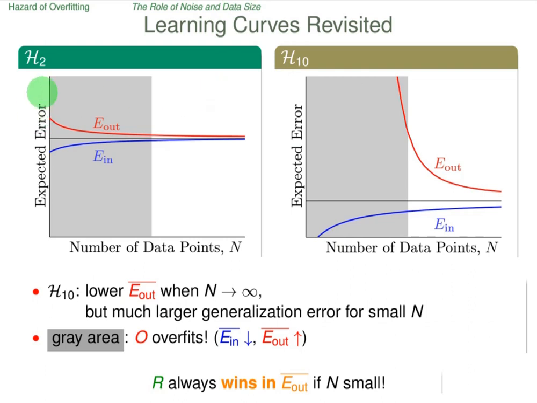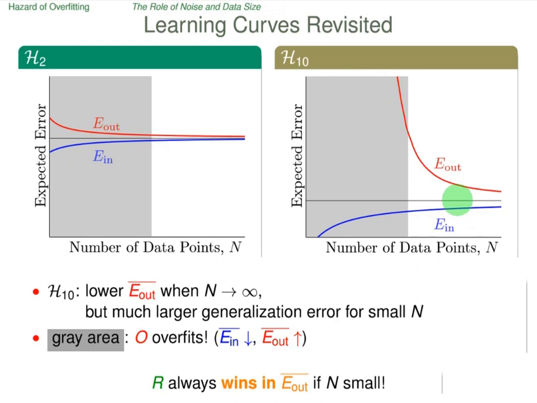So comparing second order to tenth order polynomial, we can see that the overfitting effect is much higher in general for the tenth order. However, tenth order achieves lower in-sample error when the number of training data points increases or goes to infinity. Here it's very important to note that the restricted one always wins in out of sample error when we have a limited amount of training data.